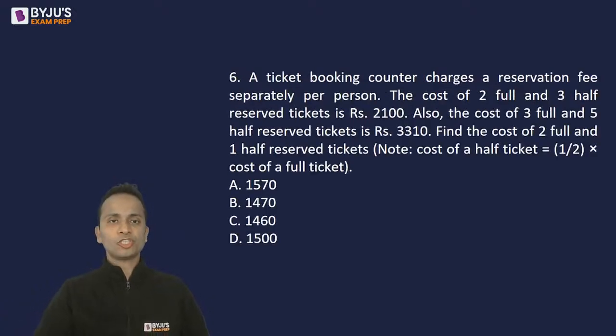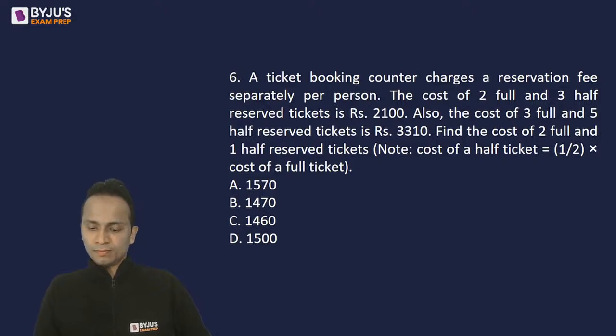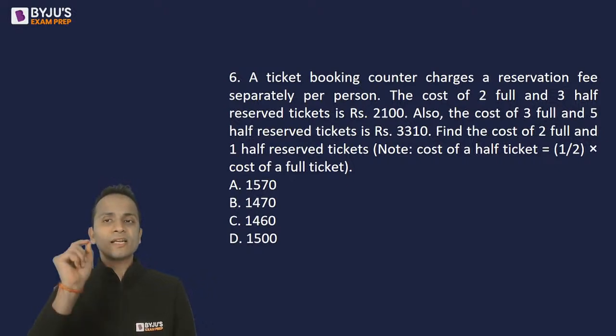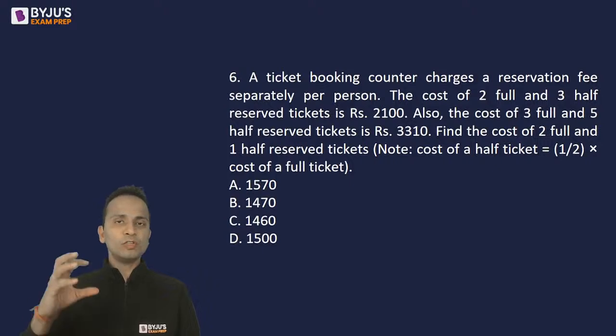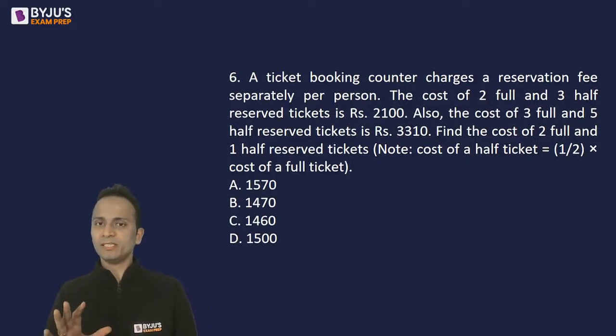Moving on, next question, question number 6. Question number 6 is a slightly lengthy, slightly difficult question. The question says that a ticket booking counter charges a reservation fee separately per person. So the reservation fee will be charged on a per person basis.